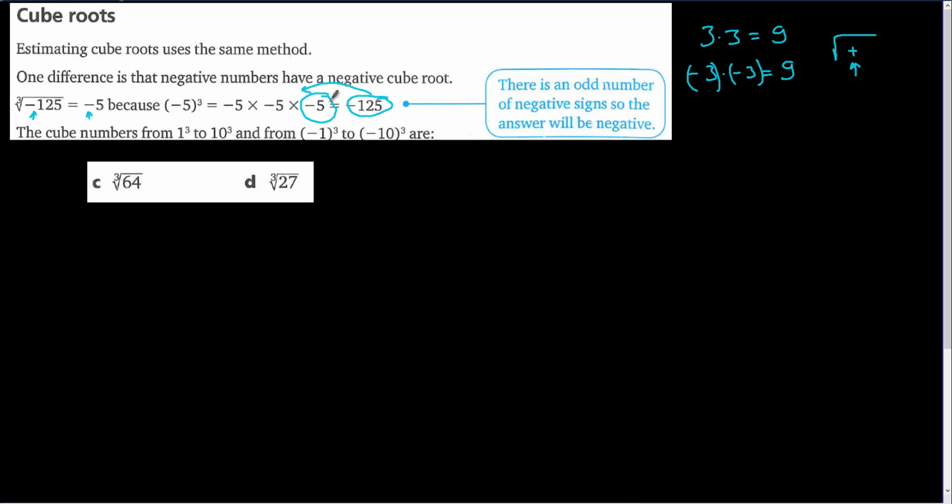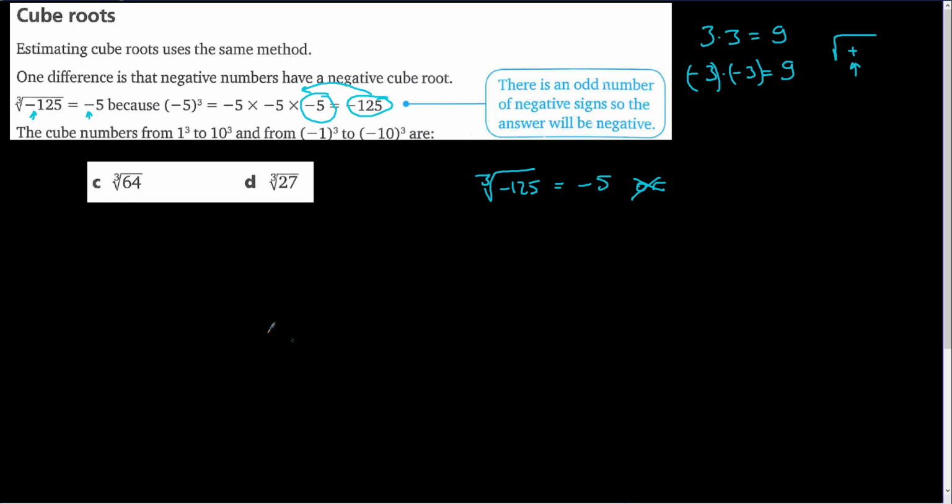So which number multiplied 3 times by itself gives it? Minus 5 multiplied, so that's the cube root of the expression. So the cube root of minus 125 is equal to minus 5, and here we don't have an OR choice for this type of question.